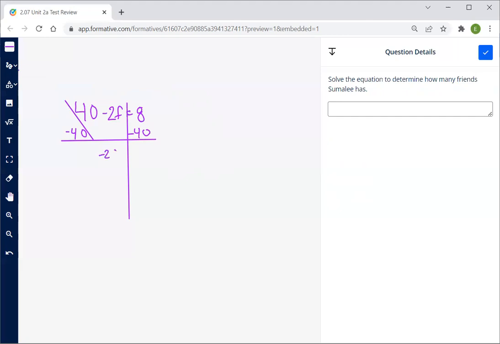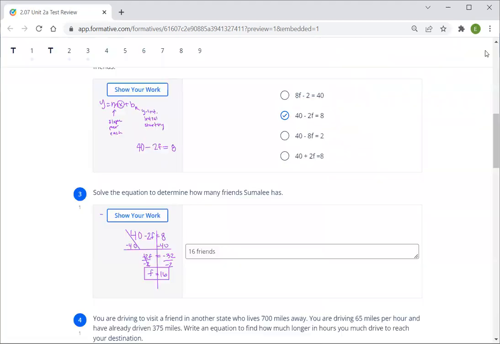Okay, so that gives us negative 2f equals negative 32. And the last step, we want to divide by negative 2 on both sides. So that gives us F equals 32 divided by negative 2 is 16. So she has 16 friends. Or you can just put 16.